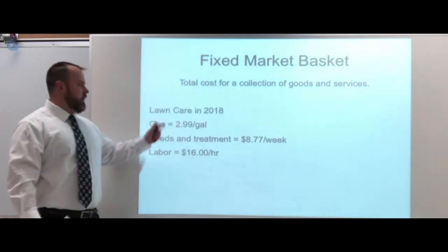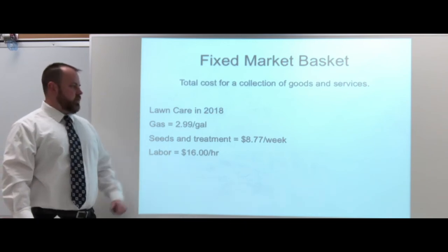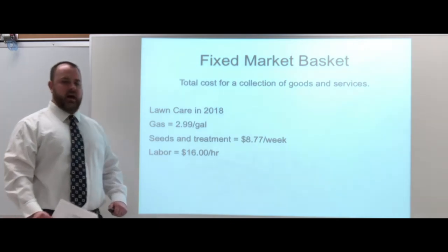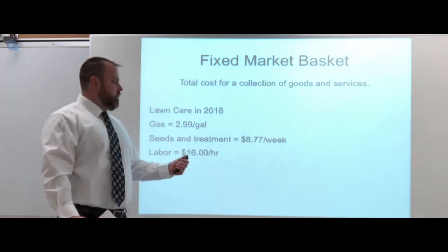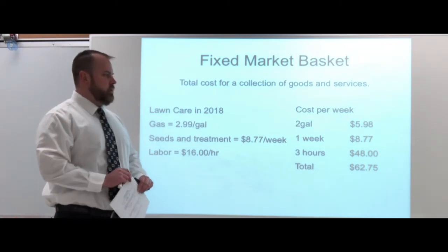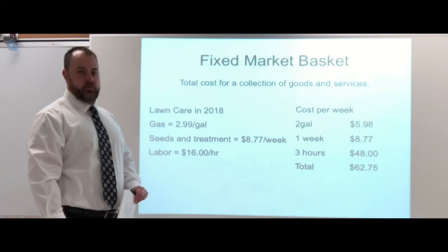So here, lawn care in 2018: gas is $2.99 a gallon, seed treatment is $8.77 a week, and labor is, on me, $16 an hour. Say 2 gallons it costs per week, 1 week of treatment is $8.77, and 3 hours to do the lawn.